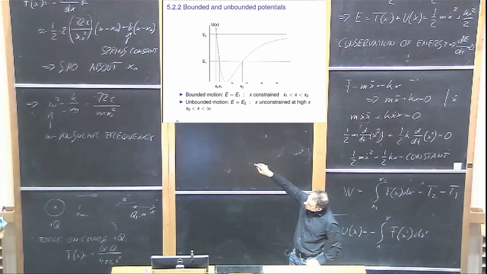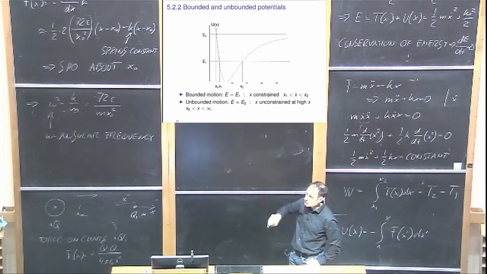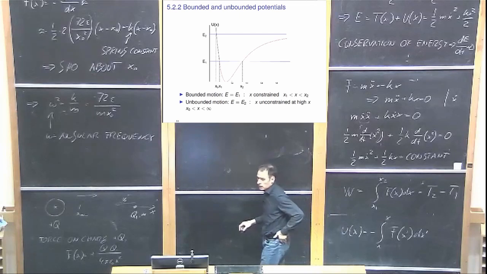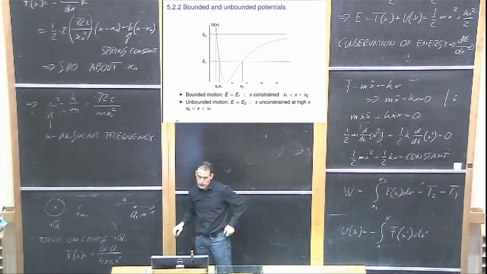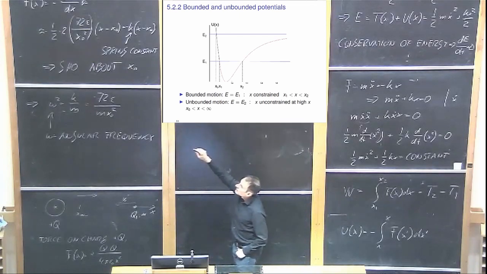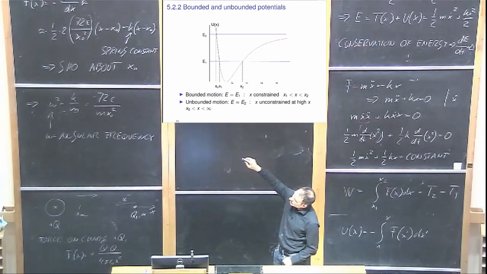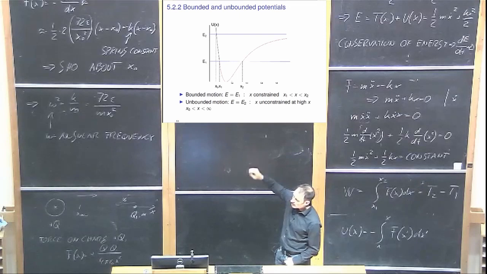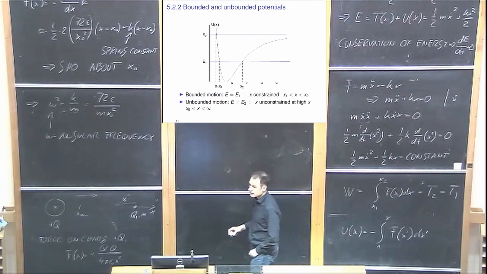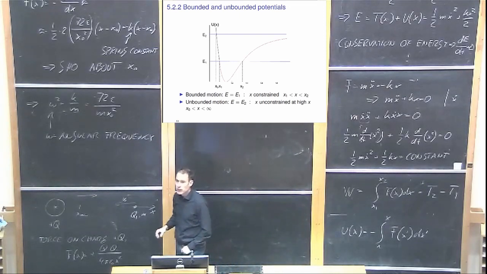However, if you have enough energy, then at some point we will get into an unbounded motion. So x at small is still constrained. It can't get smaller than x naught here, but at higher x, it becomes unconstrained, and we basically could kick that particle out of this potential well.